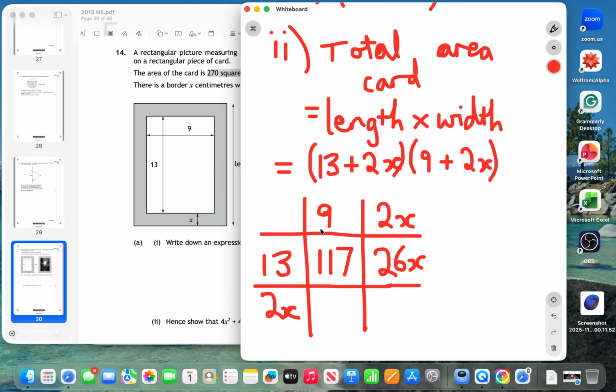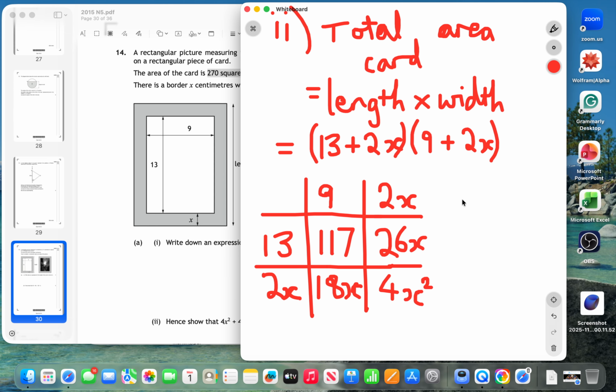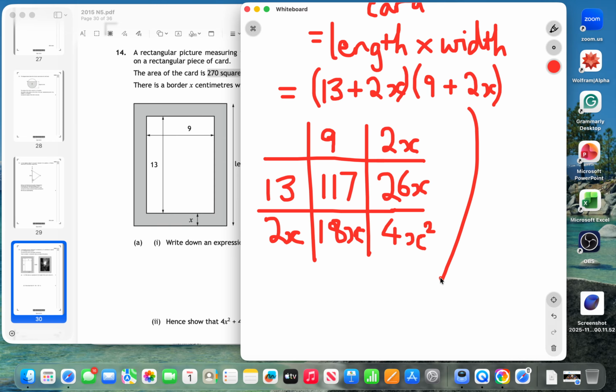Then 2x times 9 is 18x. Then 2x times 2x is 4x squared. So then we have to add these 4 terms together, and that gives us the final answer expanded out.